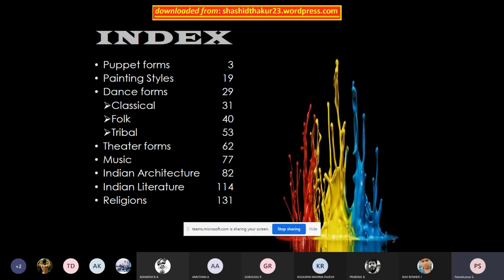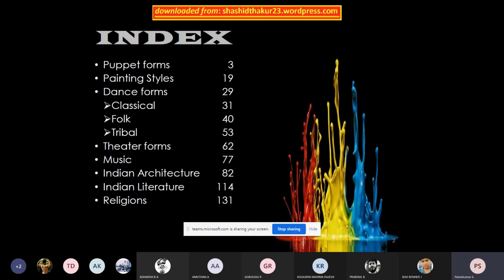And music, if you take Indian music, we know that Carnatic music is more than 2000 years old, with a lot of grammar, a lot of phonetics, a lot of musical notes. Likewise, we have already discussed Indian architecture, Indian literature and religions.